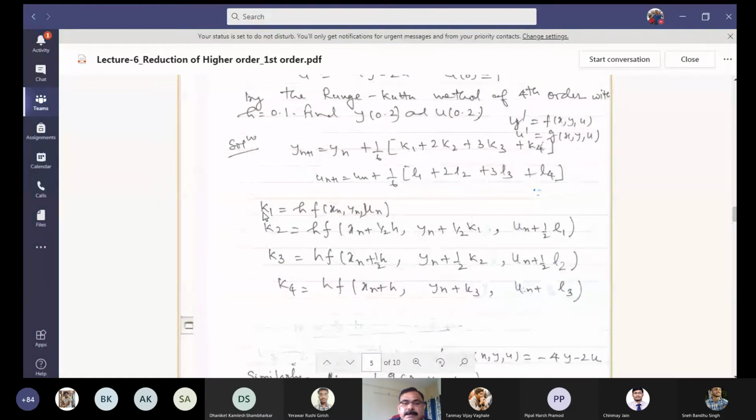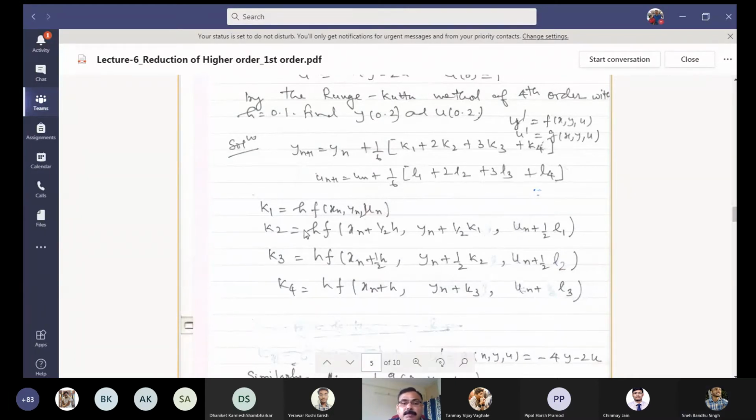It will be done like this. K1 will be h times f of xn, yn, un, since it depends on x, y and u both. One extra component is added. If there are three equations, then one more will be added. Is that right? Yes, sir.